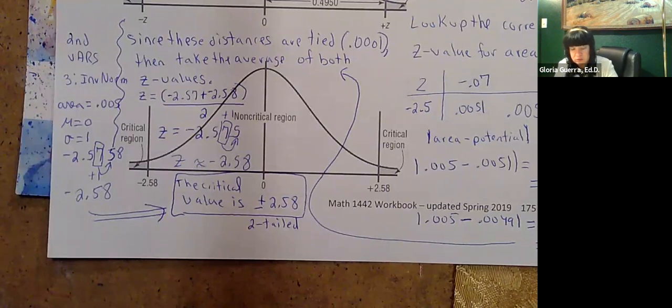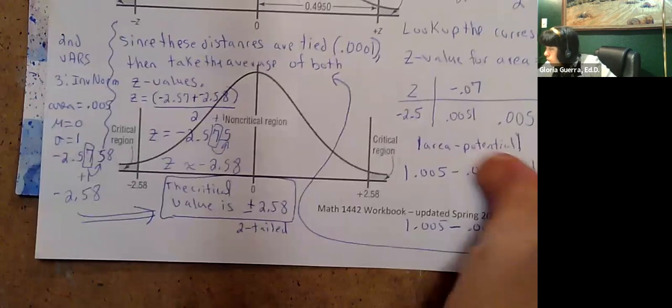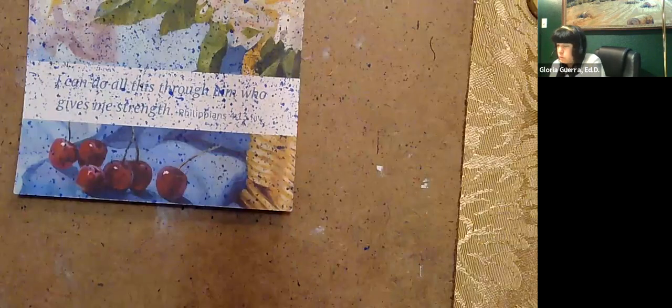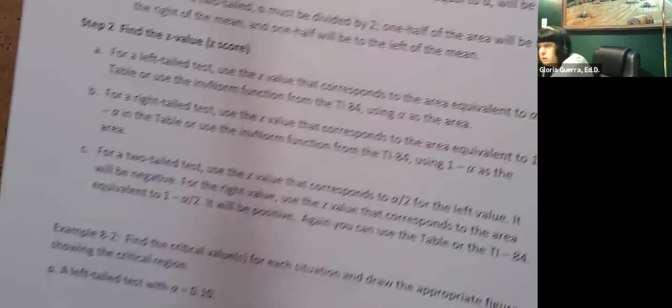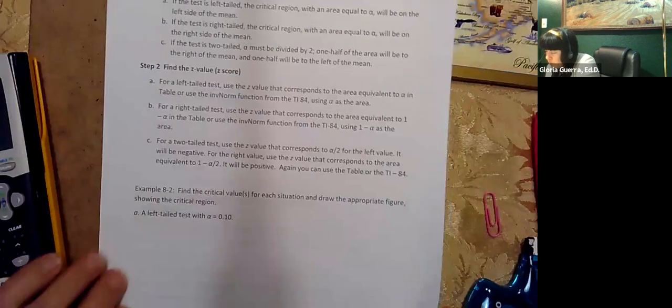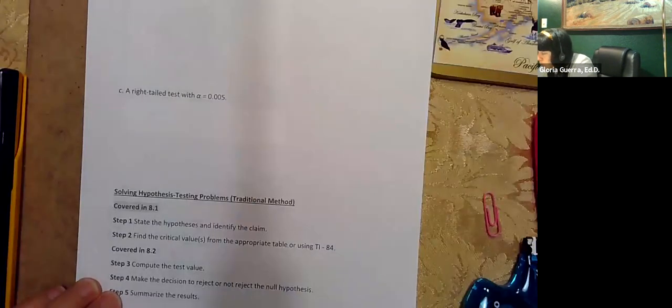Okay, now there's a conjecture. They don't have the conjectures in here. So state the hypothesis, identify the claim on the last page. Let's talk about this. Extra examples.